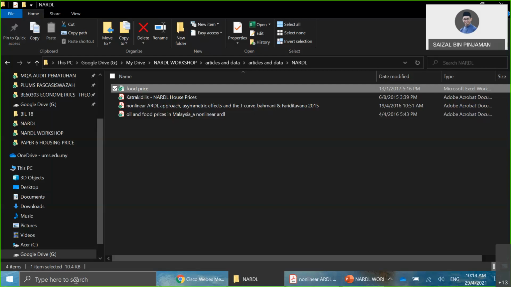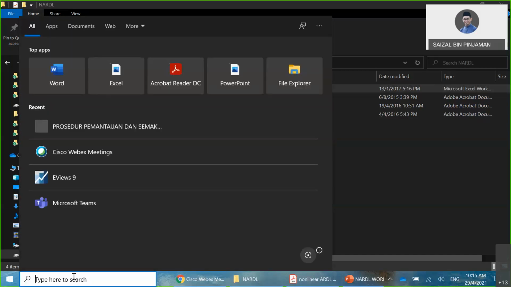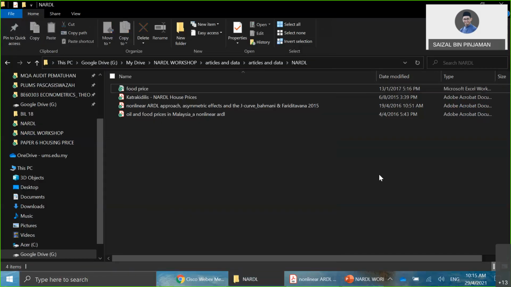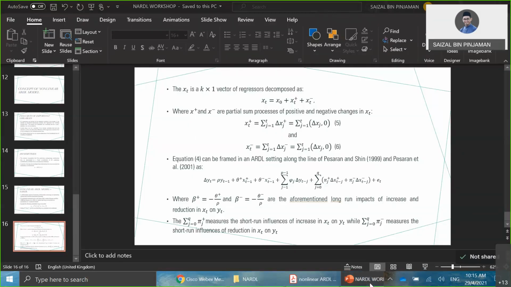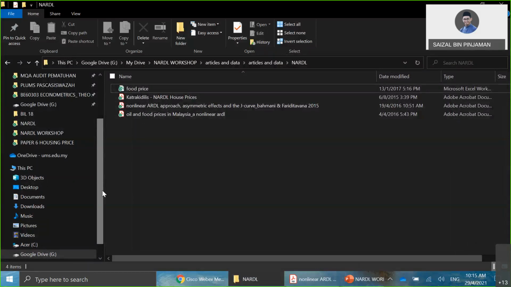So I have to proceed with version 9, but don't worry, because there are small differences in the estimation compared to the latest one, version 11 if I'm not mistaken. The most important part is to understand the NARDL itself and how we can run this analysis using EViews.